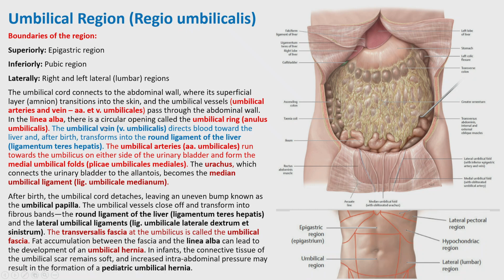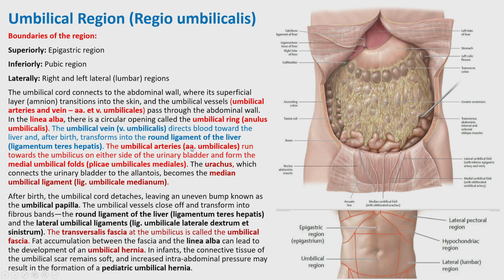And this umbilical vein is transformed after birth into the round ligament of the liver, which is ligamentum teres hepatis. So it's one of the ligaments of the liver, which is the remnant of the embryonic umbilical vein.